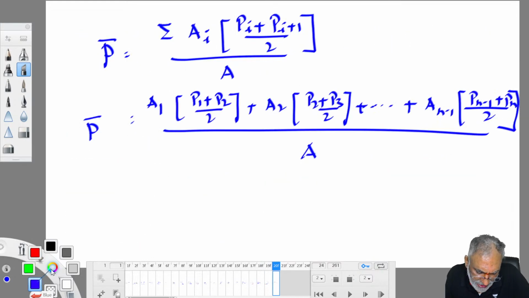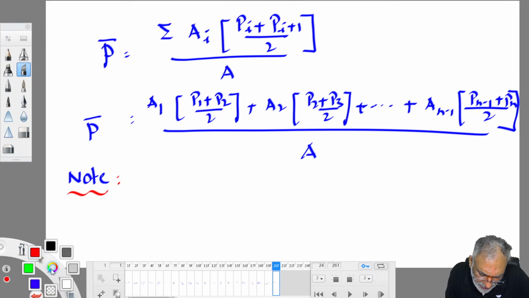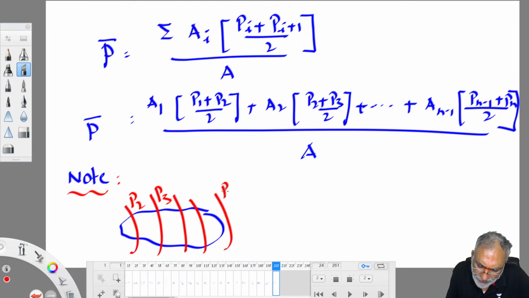Sometimes what happens is that at the extreme ends, purposefully, no isohyetal line is given. Suppose, for example, it starts with P2 only. P1 is not given. P2, P3, like this, and the remaining values are given up to Pn. Then what is the rainfall in this A1 portion?